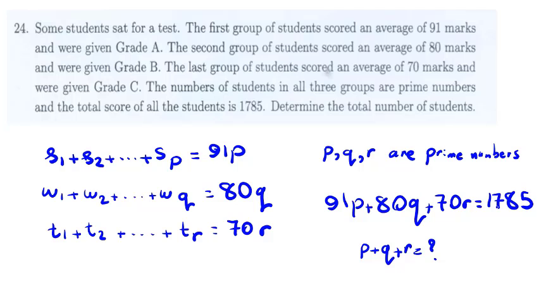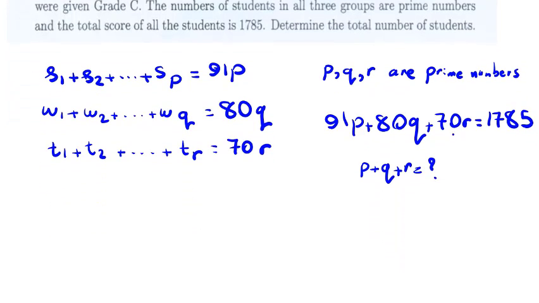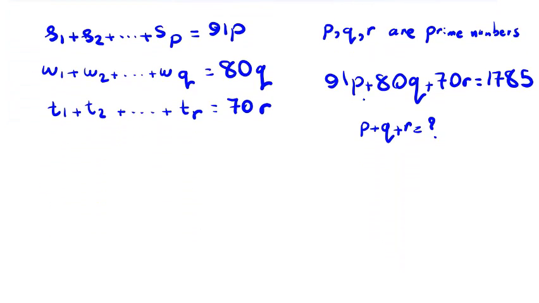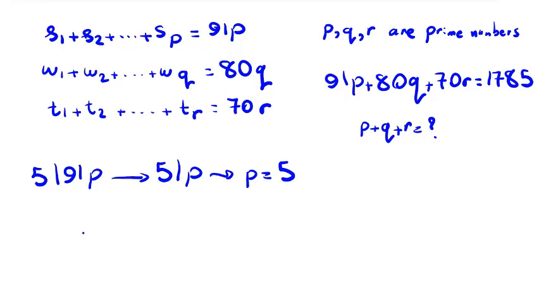If we consider this equality, it is a multiple of 5, a multiple of 5, a multiple of 5, so it must also be a multiple of 5. So 5 divides 91P, and because 5 doesn't divide 91, by Euclid's lemma 5 divides P. Because the problem says P, Q, R are prime numbers, P equals exactly 5. Let's divide this equality by 5.